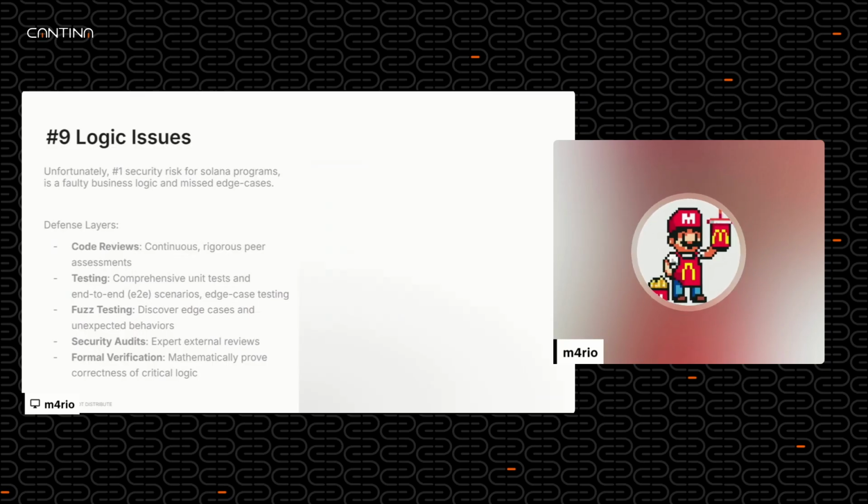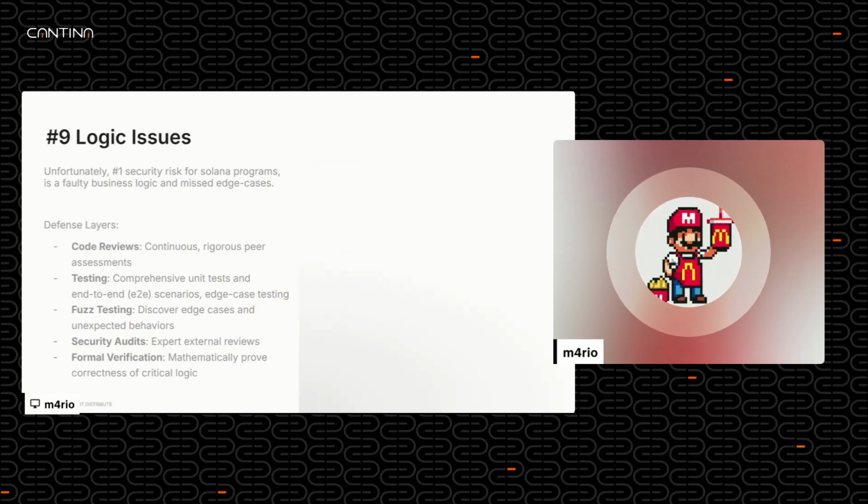And of course, the last one, which I think is also good to end with, is the one that I cannot teach you about, which is logic issues. It's still the first security risk in Solana programs, which is faulty business logic. And there is no tool that can actually help you with this, other than just building these defense layers, which are code reviews, extensive testing, fuzz testing using Trident, or all types of tools that also exist for Solana.